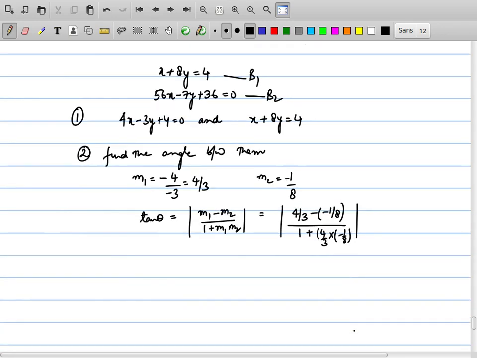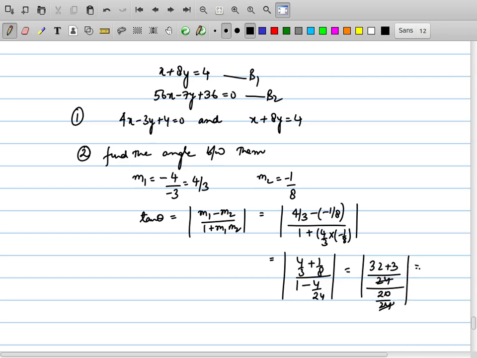We get 4 by 3 plus 1 by 8, and 1 minus 4 by 24. Taking the LCM, we have 32 plus 3 upon 24, divided by 24 minus 4 is 20 by 24. We get 35 upon 20, which is 7 by 4.